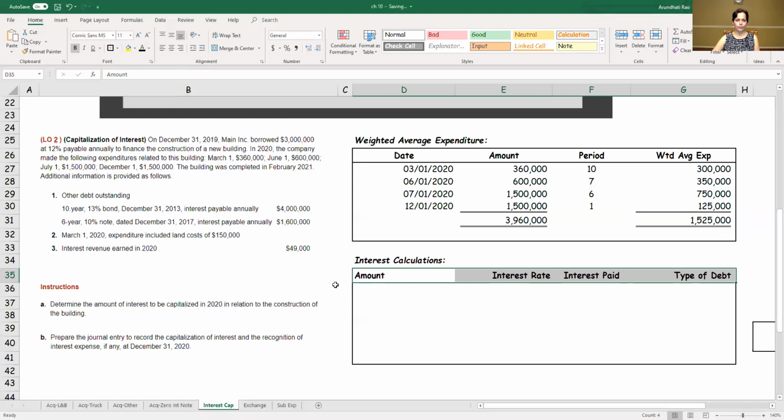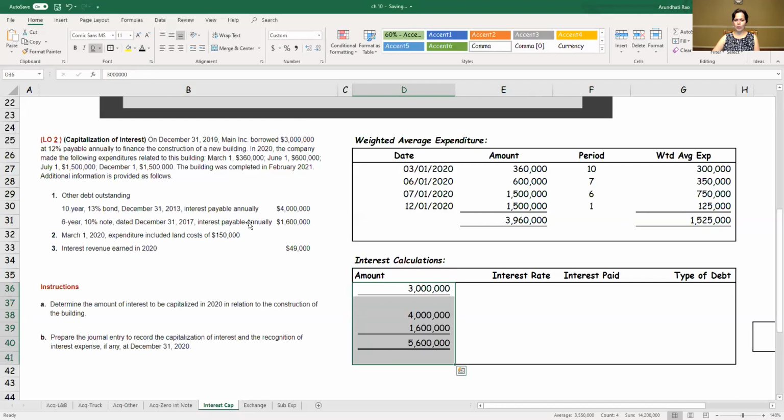Okay, so let's take a look at what I need to do for that particular aspect of the accounting here. What are the amounts that I have outstanding? 3 million, 4 million, and 1.6 million. 3 million is specific to this construction. The 5.6, they are general debt. This was money that I had already borrowed some time back, and I'm using it for various reasons. However, I do need all of those amounts over here.